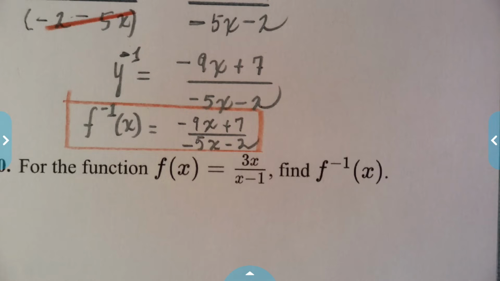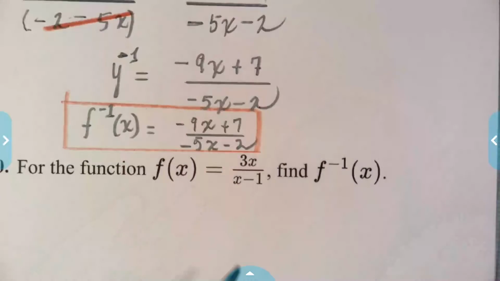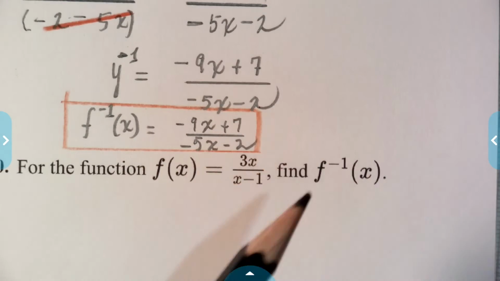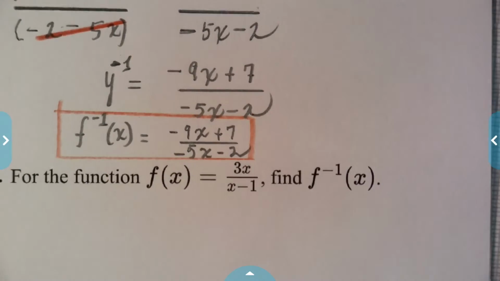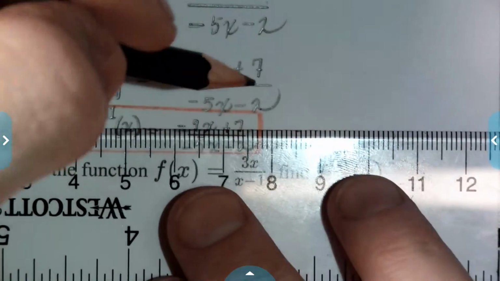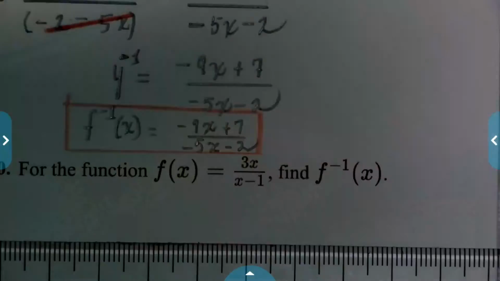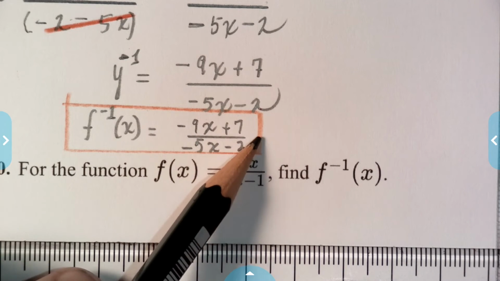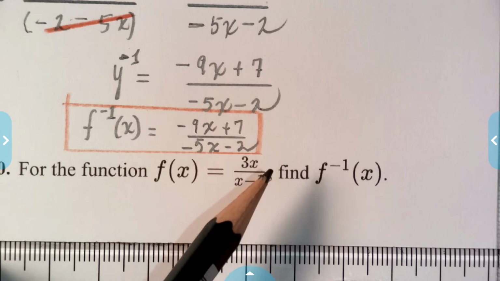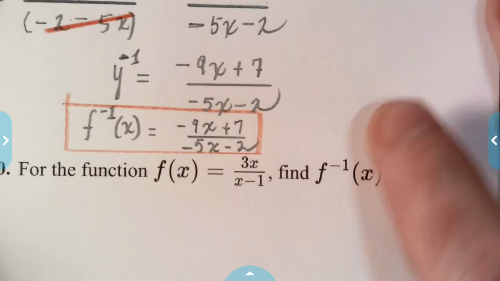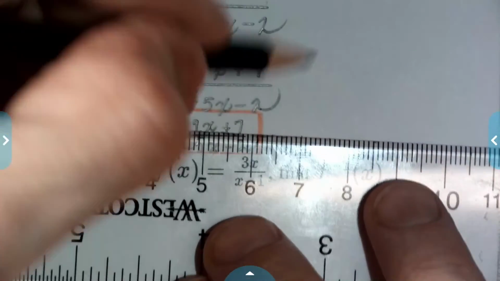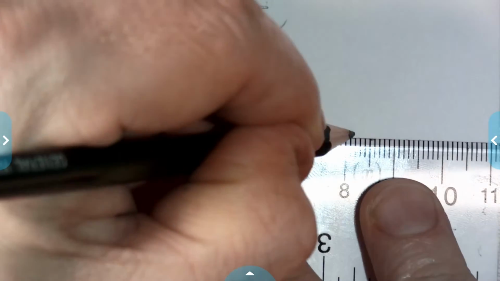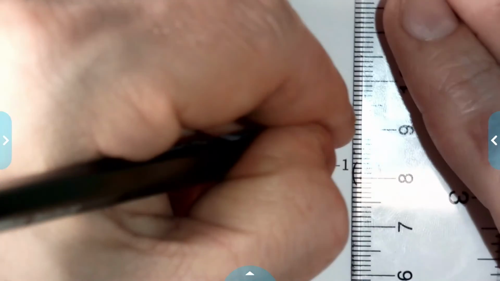Okay, I think I see the problem. It seems that what may be the problem if you're trying to enter this into Delta Math is that they've divided out a negative 1 over negative 1. So let's do that and show you an alternative answer which may fit what Delta Math is looking for.